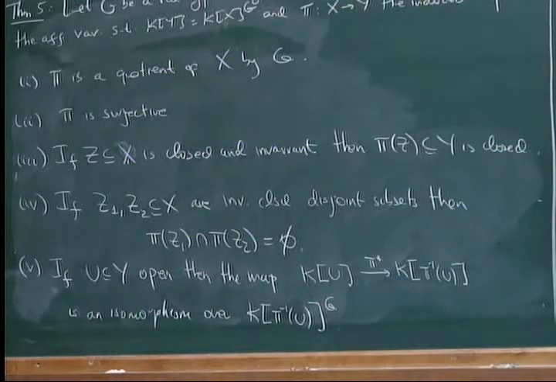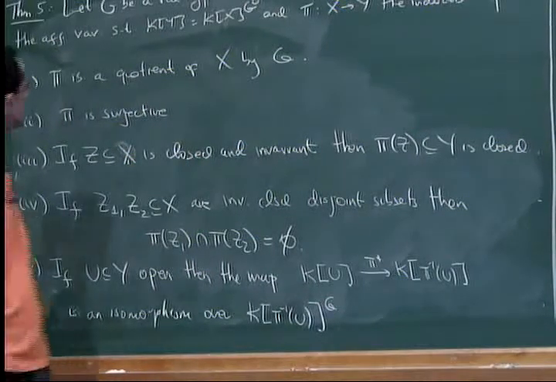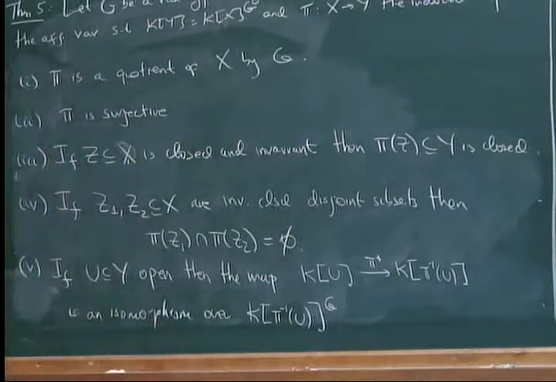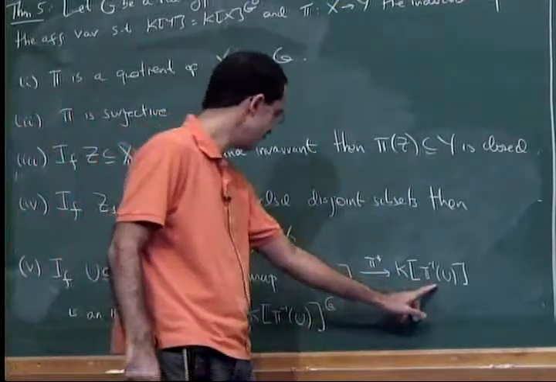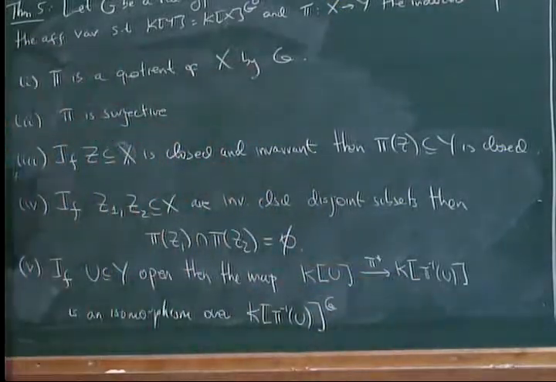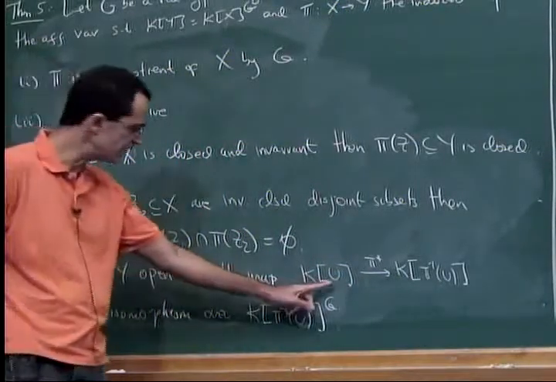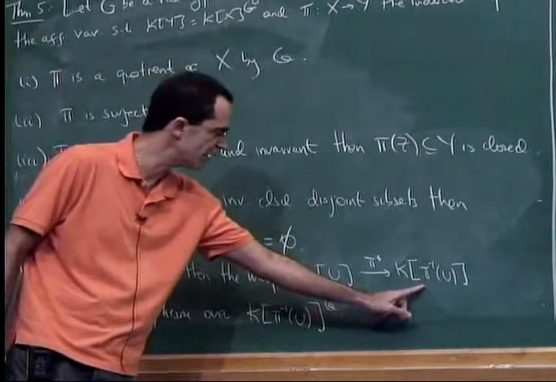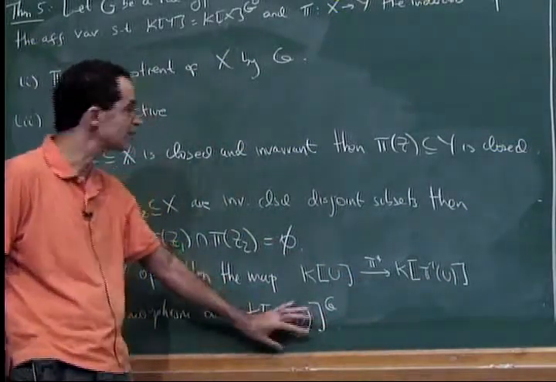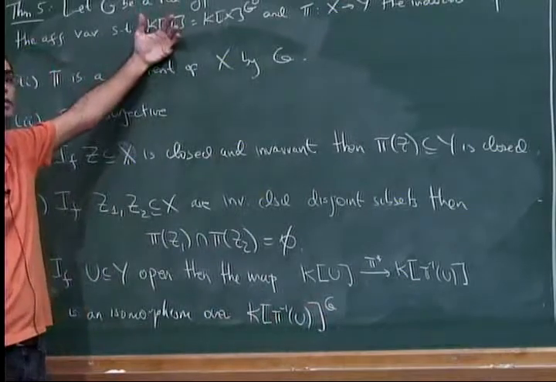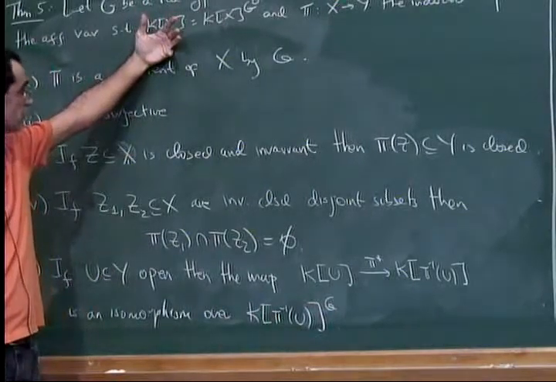Because you see that this map pi is affine, of course, because we have affine varieties. So if you have an affine open set here, then the inverse image is affine, so that what this is saying is that U is the quotient of pi minus 1 of U by the action of G, right? By applying this exactly same statement, right?